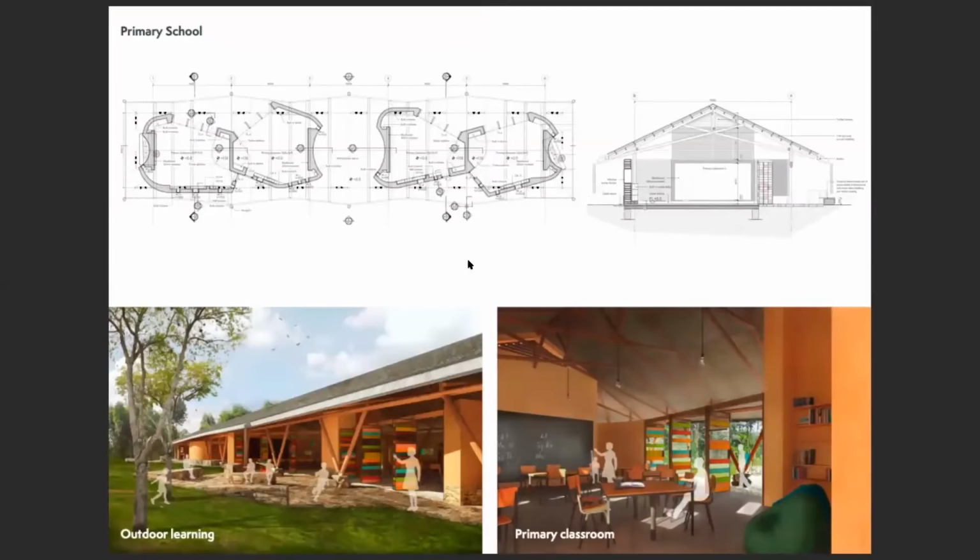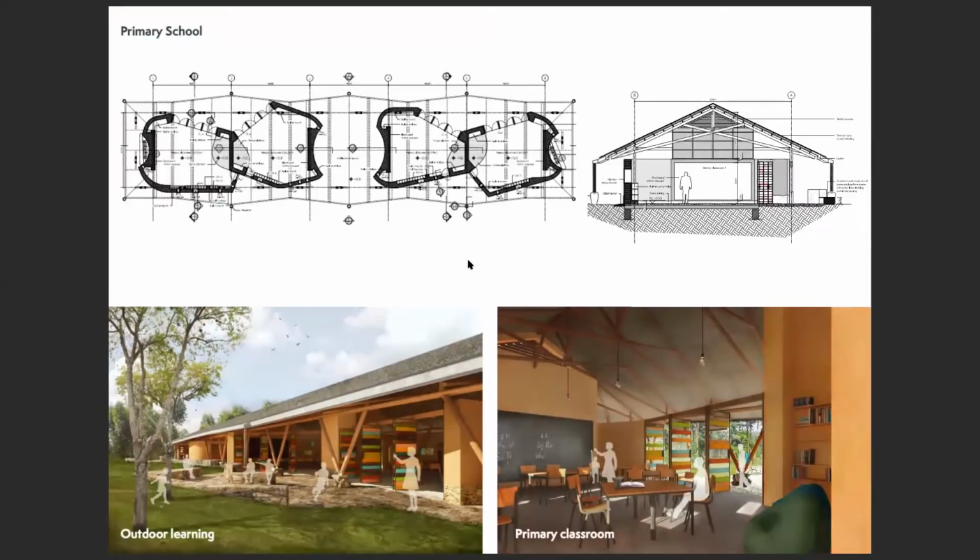The particular importance about the classrooms for the primary school is that we have 2 very distinct sides. We have the entrance side, the circulation side, which is a much more enclosed architecture with relatively small windows and the actual entrance doors.